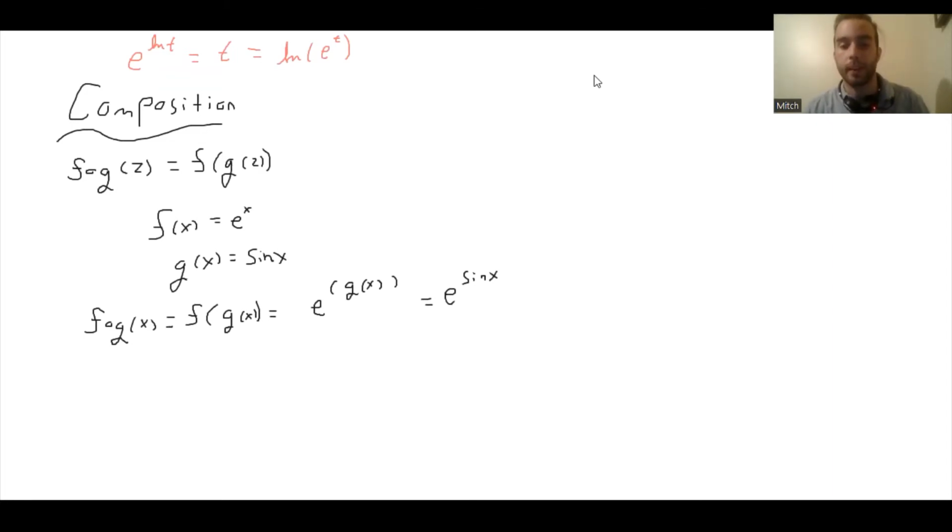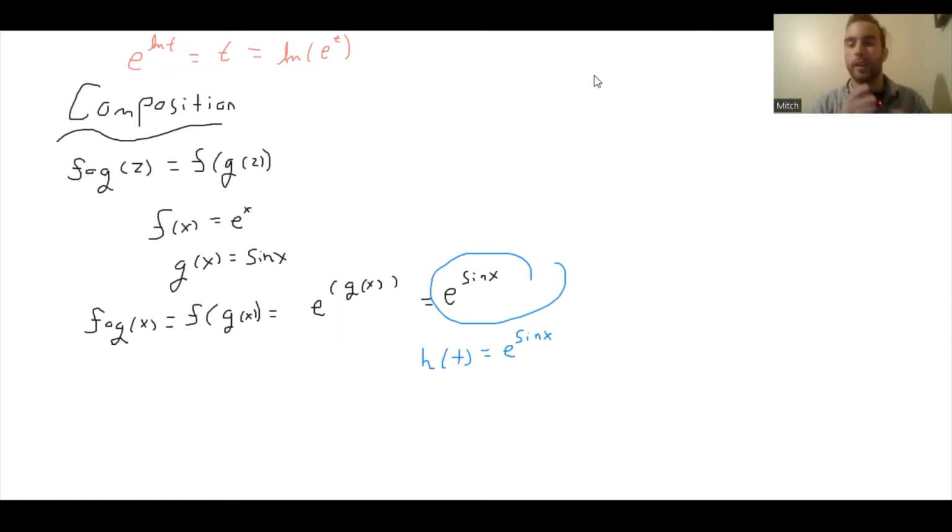So if we were just given, let's say, h of t equals e to the sine x, and we want to figure out what that inside and outside function is, we would just say, well, what's the order of operations when we evaluate it?